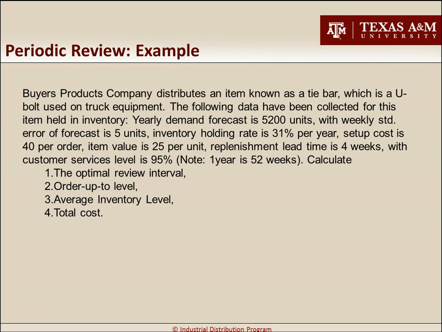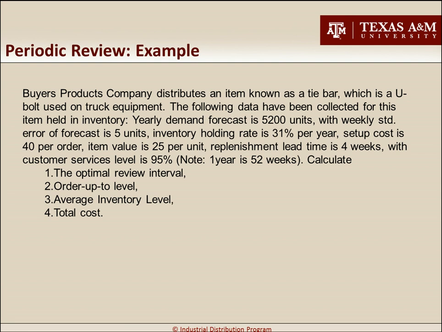Let's see how this is done in an example. Buyer's Product Company distributes an item known as a tie bar, which is a U-bolt used on truck equipment. The following data have been collected for this item held in inventory.